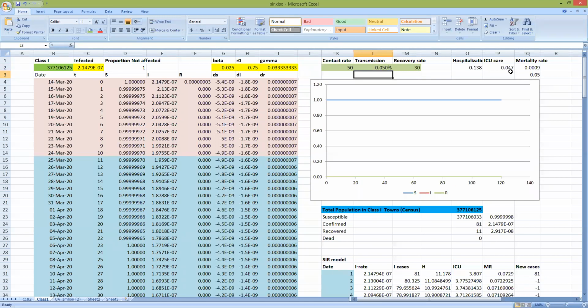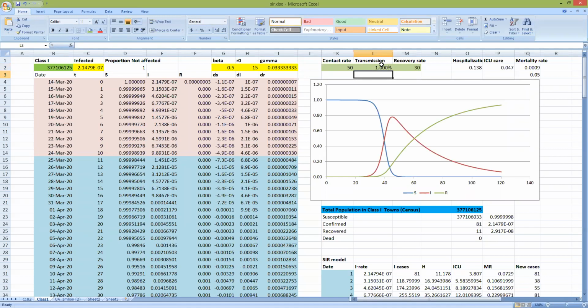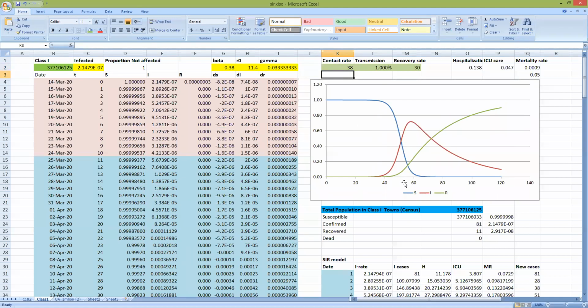Yeah, so you can see, or rather, if we take this value, for instance, it will be better. We take the contact rate of 38. You can see the peak will occur after 2 months. The peak will be lower. Instead of 80, it will be 70.